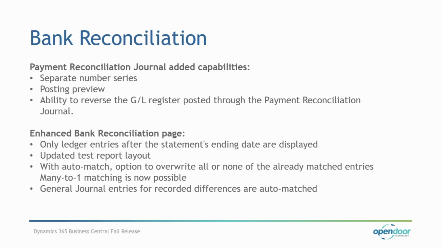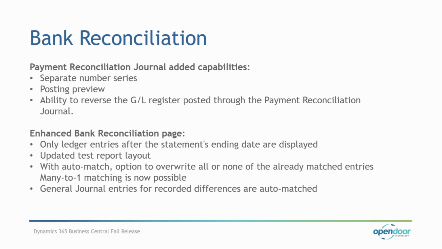The ledger entries are filtered to catch only up to the statement's ending date. The test report layout has been updated. It is much simpler, and it also uses the statement date as a filter for the GL account and the bank account so that you can really focus on the period that you're reconciling.